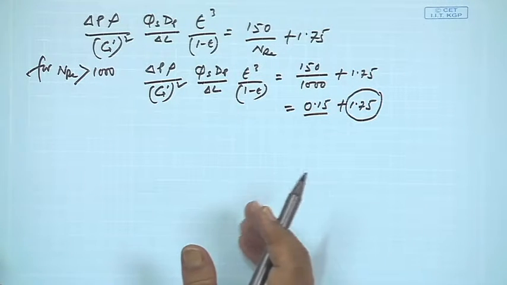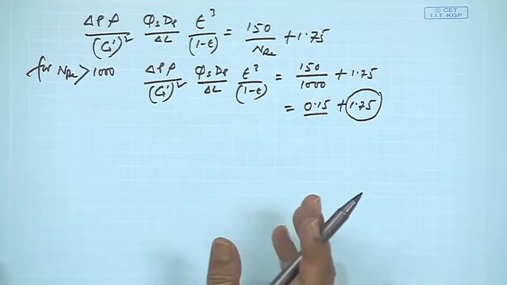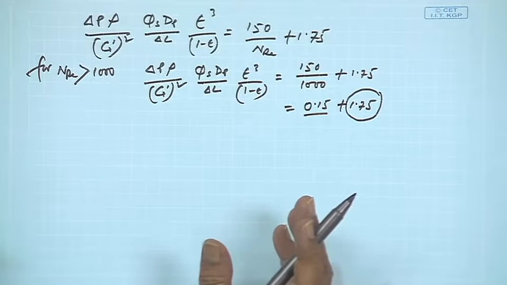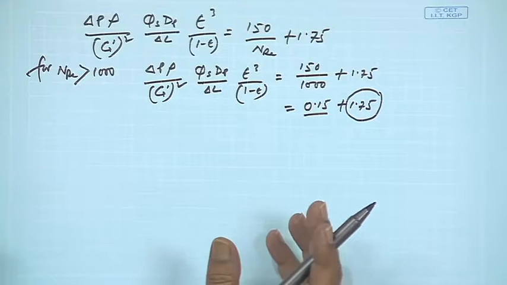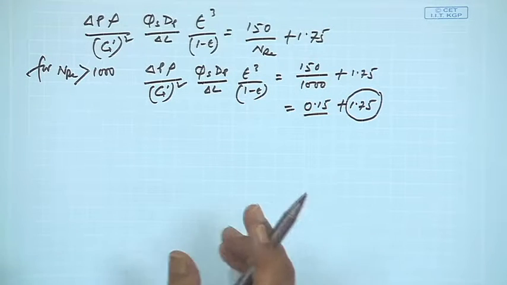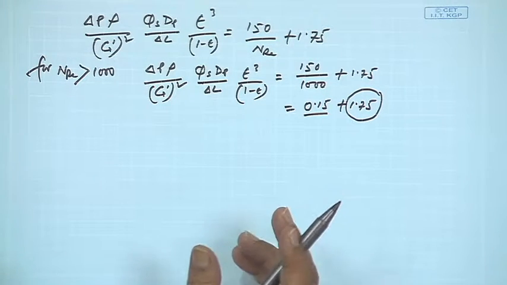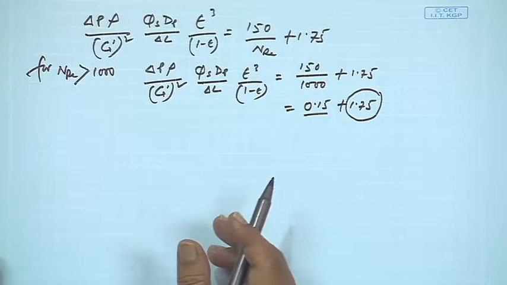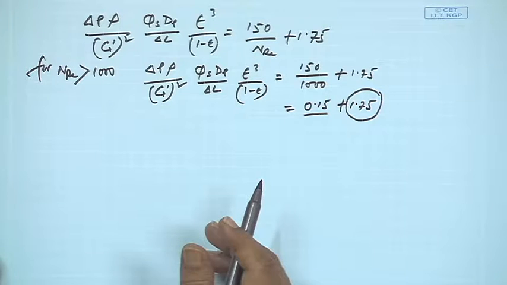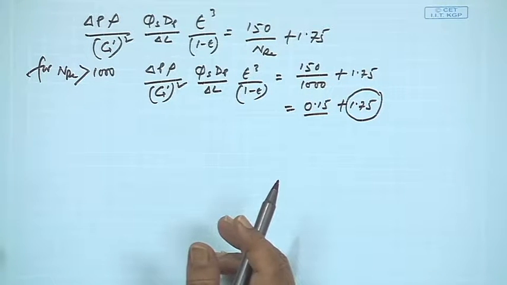As the NRE value will be 1000 or greater than that, it will be 0.15 or a lower value, and we can say that 1.75 is much higher than that when NRE value is greater than 1000.